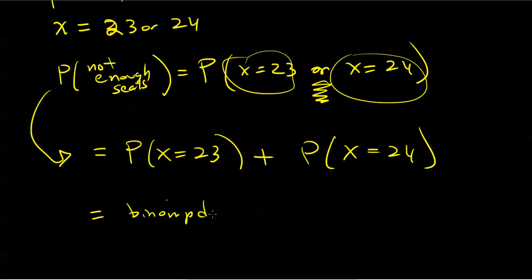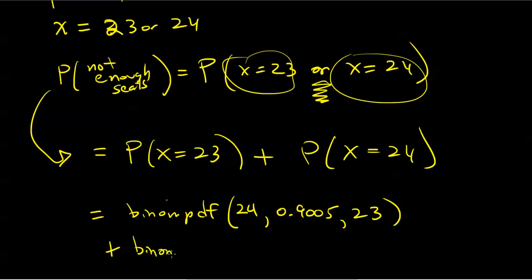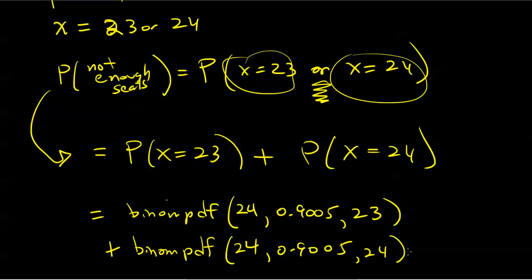Binomial PDF, well, for the 23 case, I'm going to have 24 trials, a probability of success of showing up of 0.9005, and 23 successes in those 24 trials. And to that, I'm going to add binomial PDF evaluated with 24 trials, 0.9005 with 24 successes.